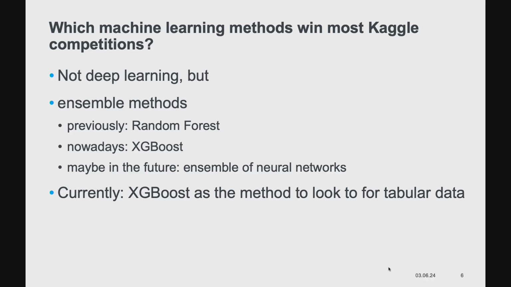Bagging and boosting are ensemble methods. In the past, it was mostly random forest which won the competitions, and that's one technique we want to look at today. Boosting is probably something for next week. What people also like to do these days is to use ensembles of neural networks. Neural networks are really strong when you have natural input in the form of pictures, videos, text.